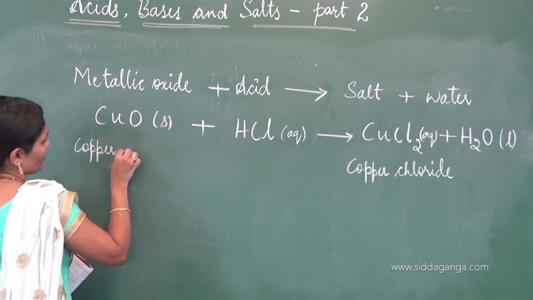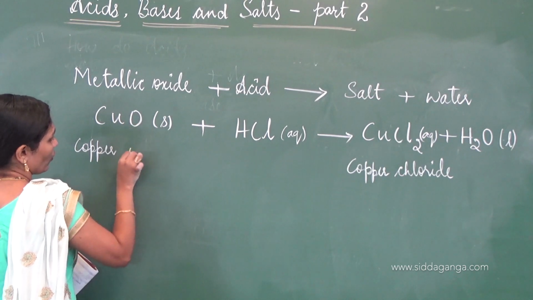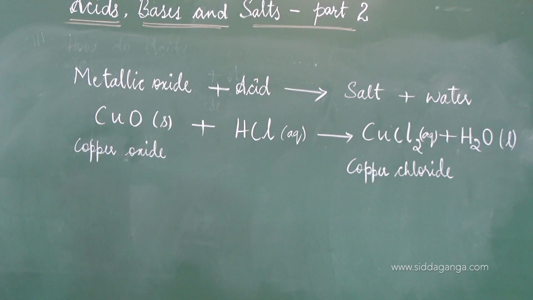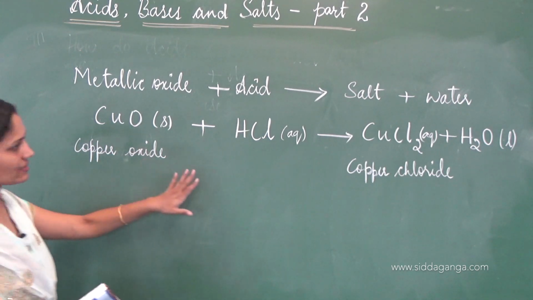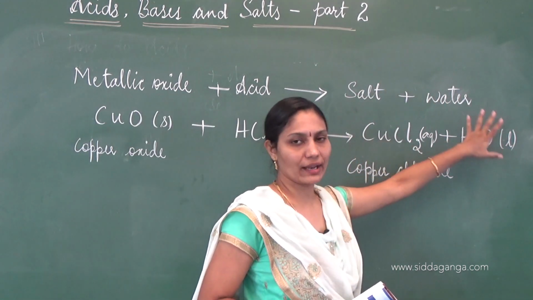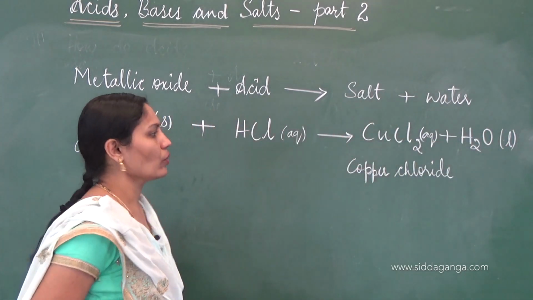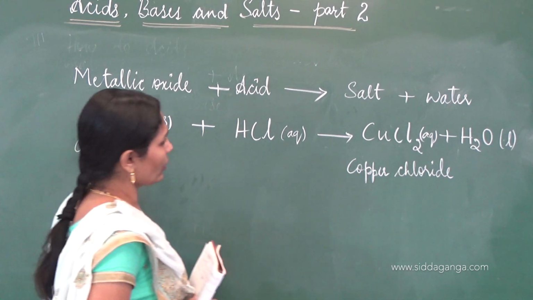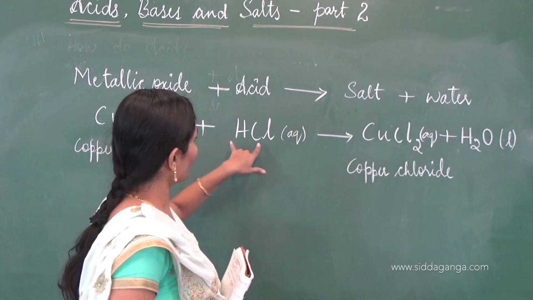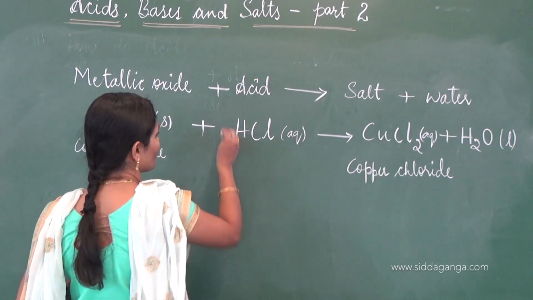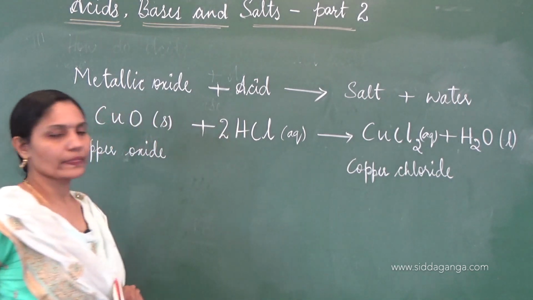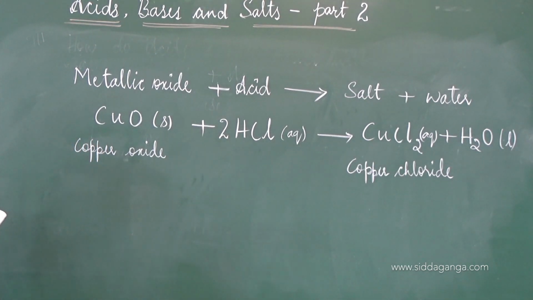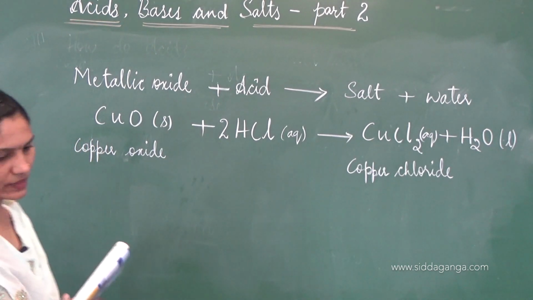Copper is a metal, copper oxide is CuO. So from this, all we got to know is metallic oxides react with acids to form the respective salt and water. Check whether it is balanced. Copper is balanced, oxygen also looks balanced. Whether hydrogen and chlorine, to balance them I need to put 2 here. Is this right? So this is all about the reaction of metallic oxide with acids.